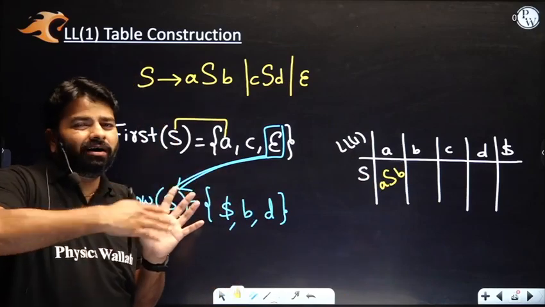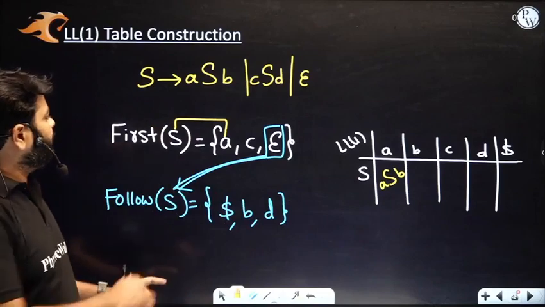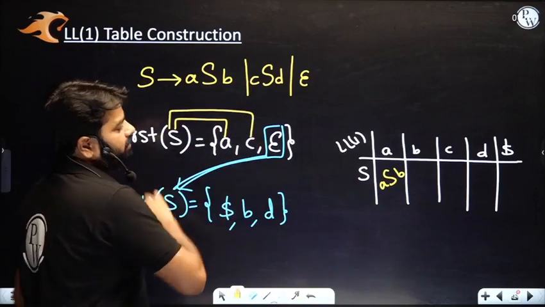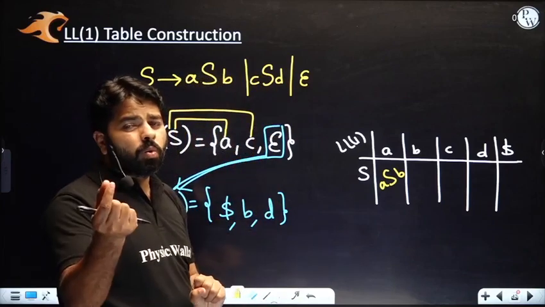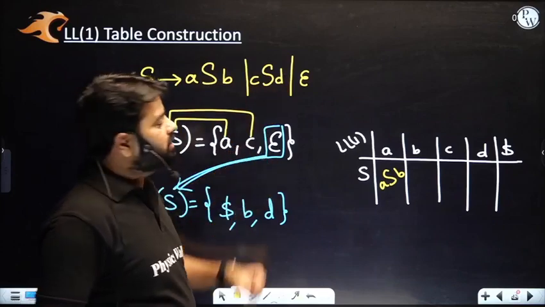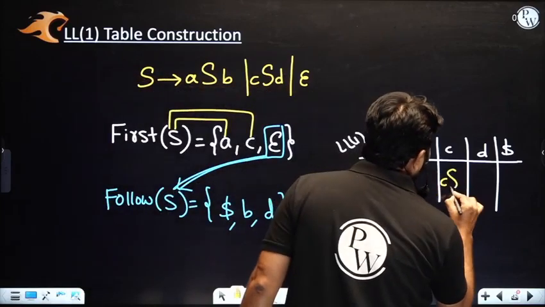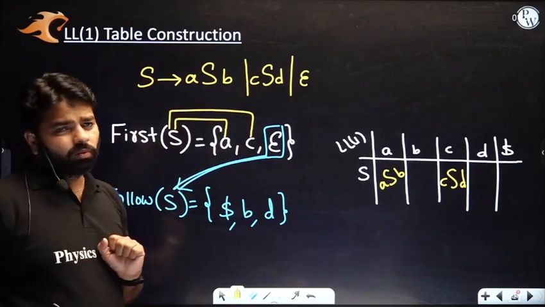So, I don't need to write the LHS, because the LHS is already the name of the row. Fine. Next, S comma C, that is the S row and C column. Out of these 3 productions, which production gives C as the first symbol? This production. So, we write here CSD. Very clear.